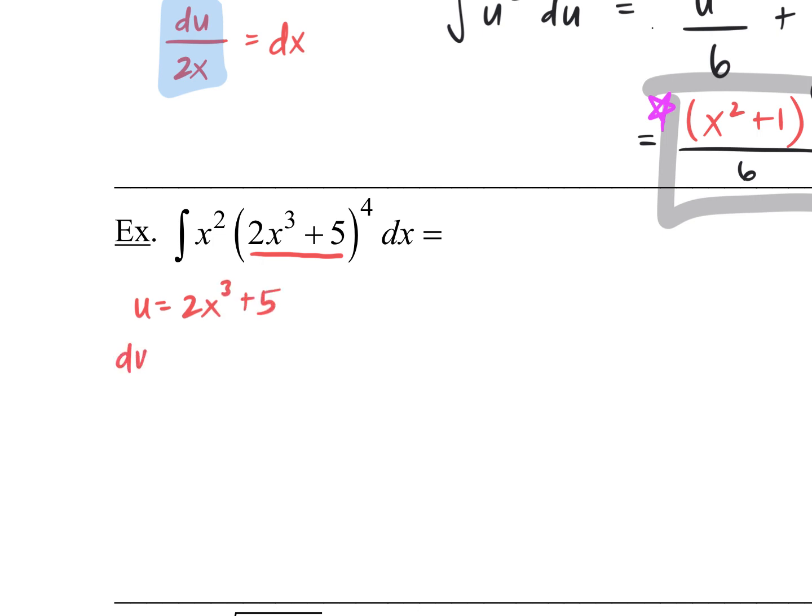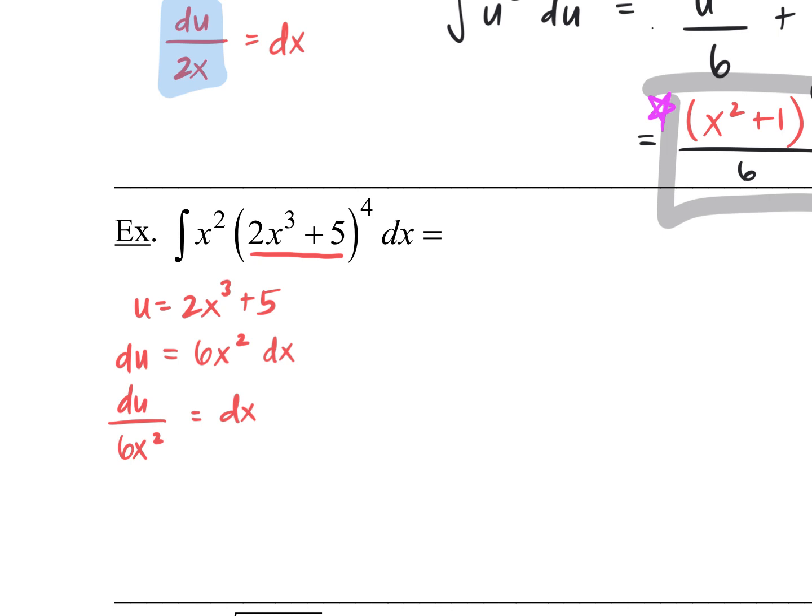and I take the derivative of both sides, the derivative of 2x cubed plus 5 is going to be 6x squared dx. And now if I take and solve for dx, I get du over 6x squared is equal to dx. Is something going to simplify out now?